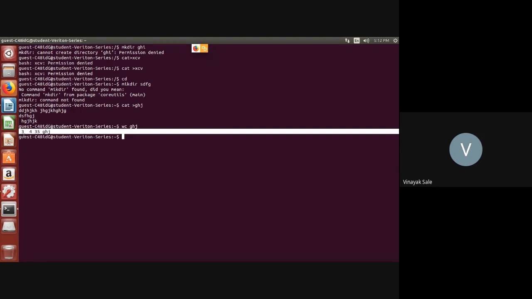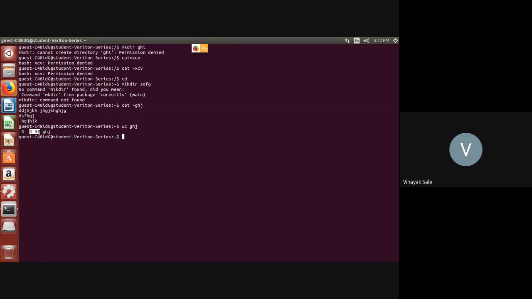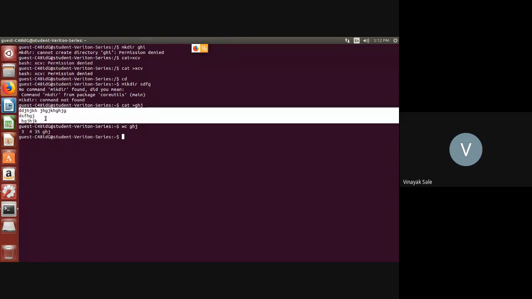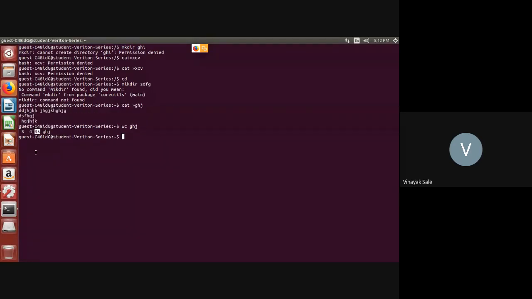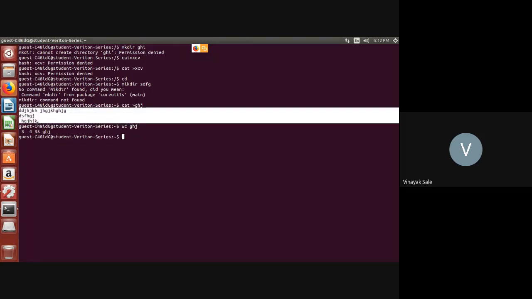The first number indicates the number of lines in that file. See here, in the file I have typed 3 lines, then the number of words, 4 words, then the number of characters, sorry, 35 characters. A space is also counted as a character.